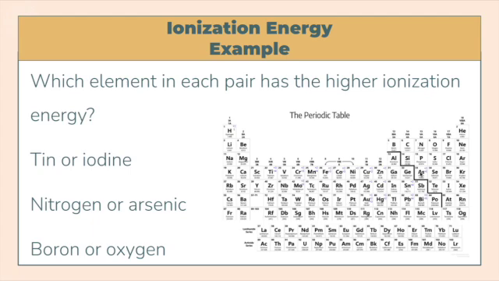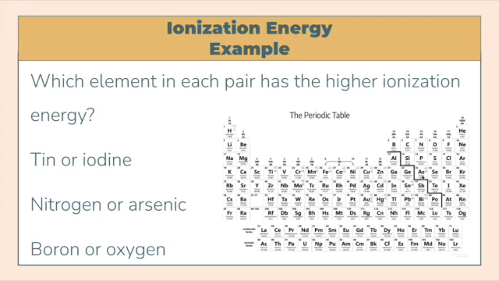Looking at nitrogen versus arsenic, both are in group 15. When we have elements in the same group, we look at the electron shells. So because arsenic is lower in the periodic table, it has more electron shells than nitrogen does, which means that the electrons on the outermost part of an arsenic atom are not as attracted to the nucleus as the outermost electrons in nitrogen, which means that it's going to be easier to remove an electron from arsenic.